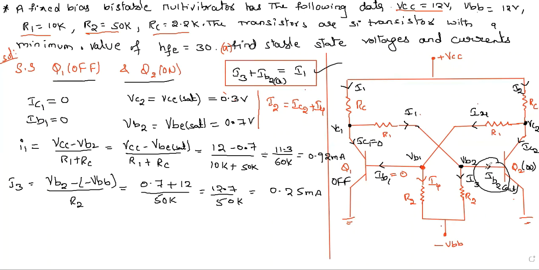So the actual IB2 current flowing is I1 minus I3, which is 0.92 minus 0.25, approximately 0.67 milliamps. This is the actual current flowing into the base of the second transistor.